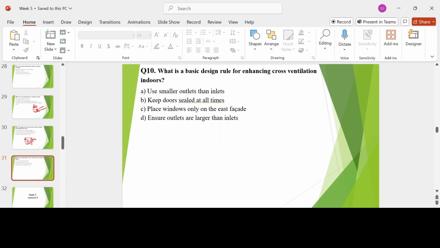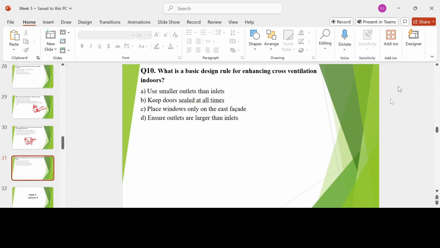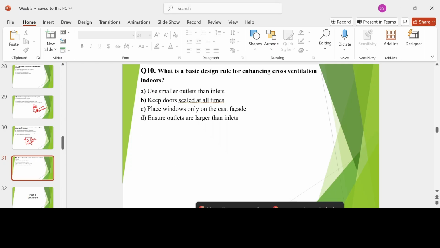Let me see. Here is the 10th question. How many of you can answer it correctly in the chat box for question number 10? Let's see.